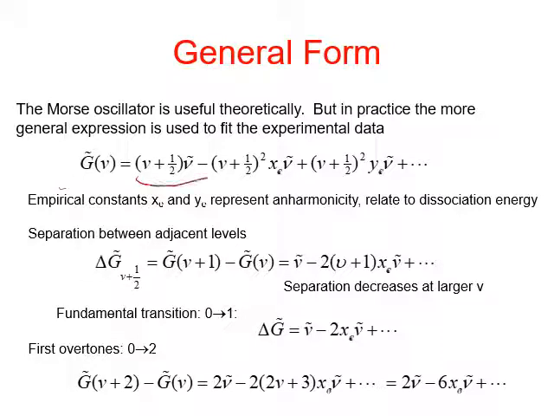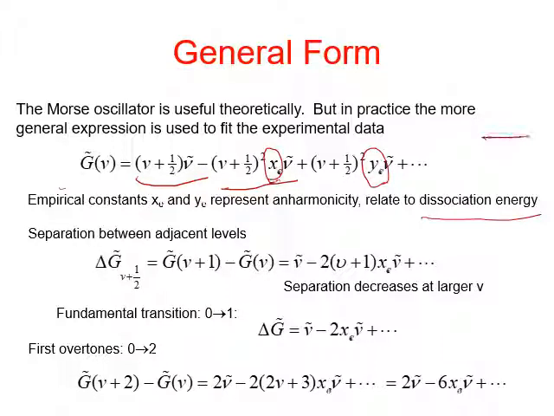The first term comes from the harmonic oscillator, and then here is the anharmonic part. You have an anharmonic constant, and there are more terms that include anharmonicity. They all relate to the dissociation energy. So using these equations, we can calculate the fundamental transition, the first overtone, and the second overtone.